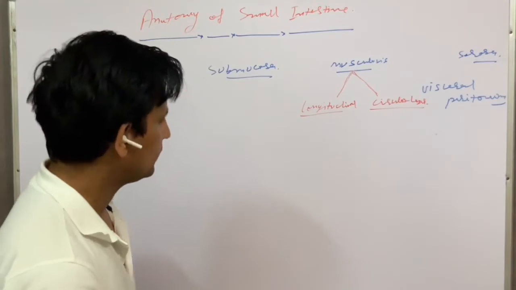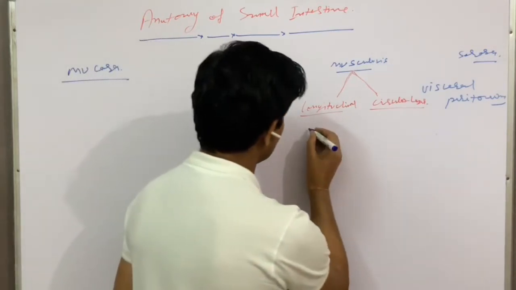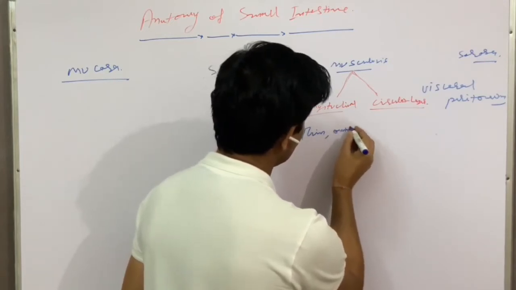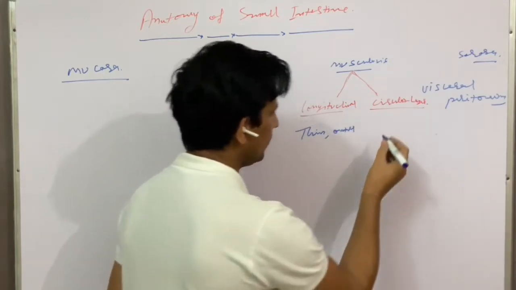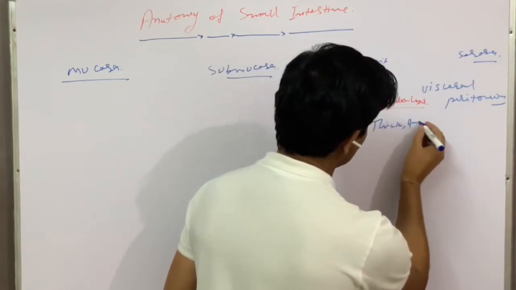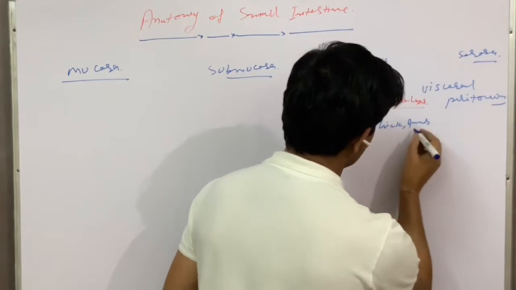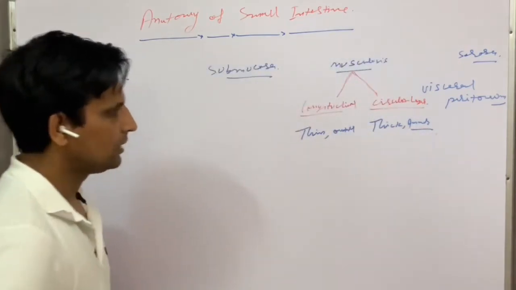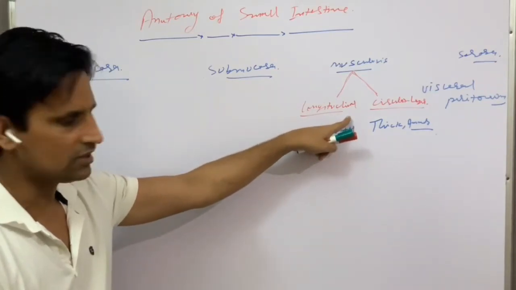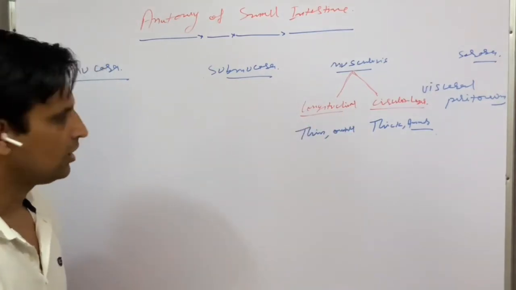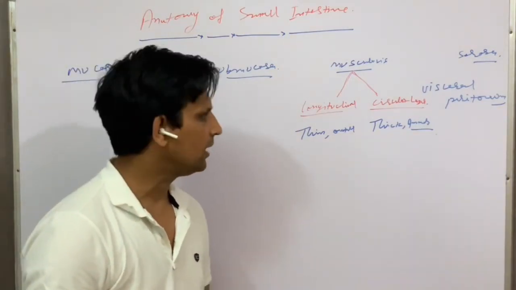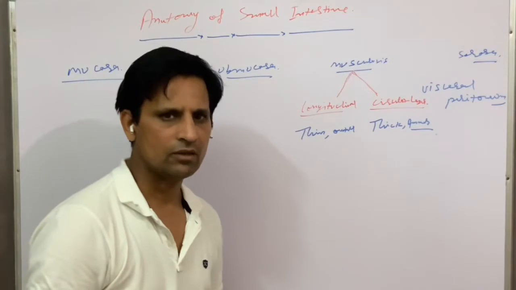The longitudinal layer is the thin and outer layer, while the circular layer is thick and the inner layer. So there are two basic layers of the muscle fibers. The outer fibers run longitudinally, and the inner fibers run circular, right?